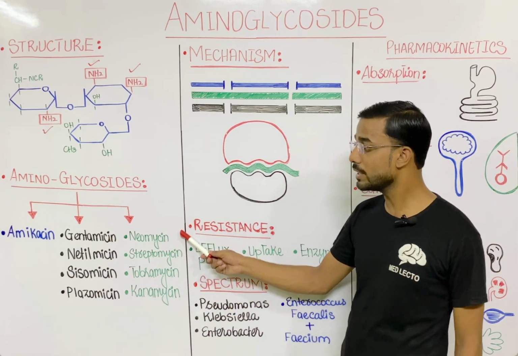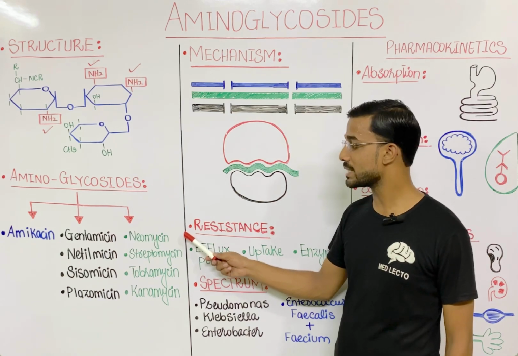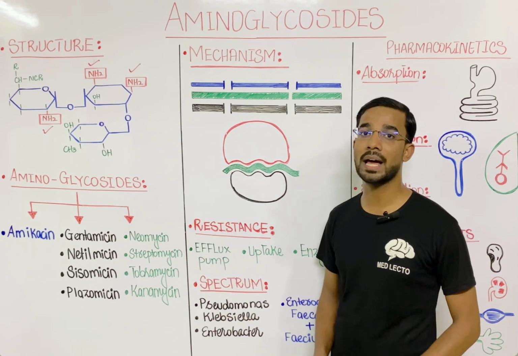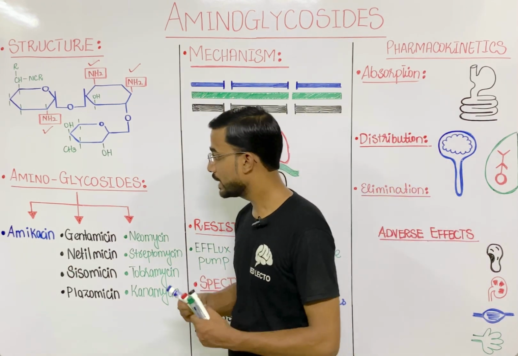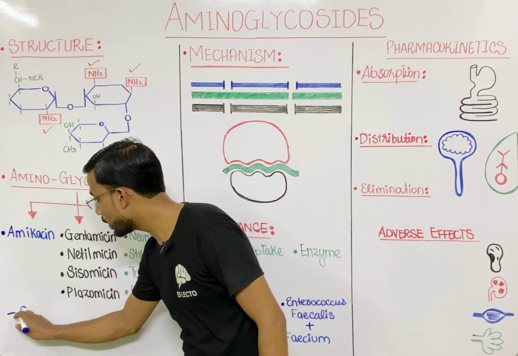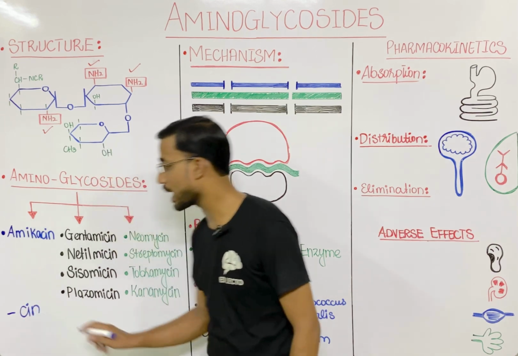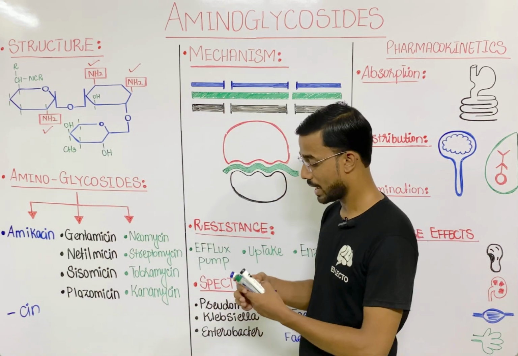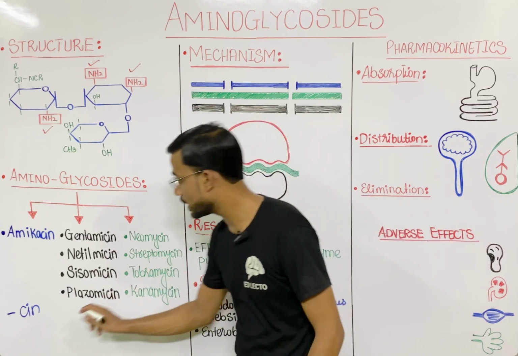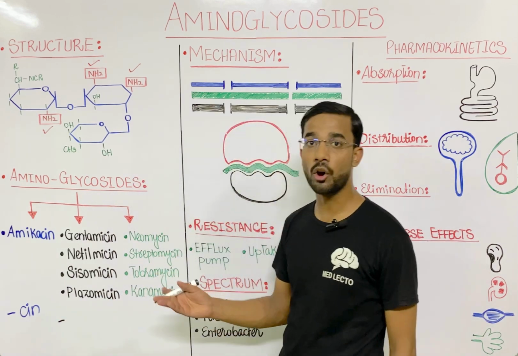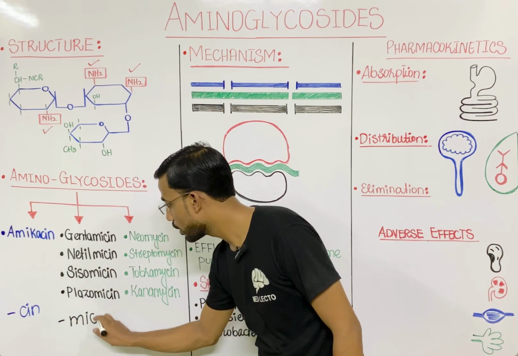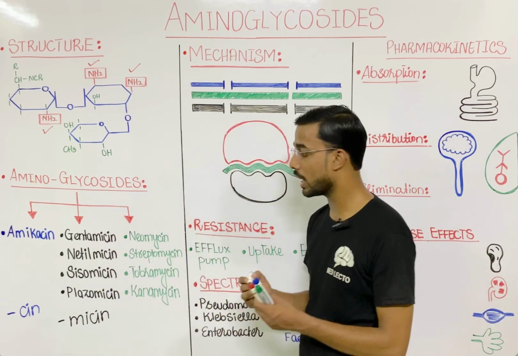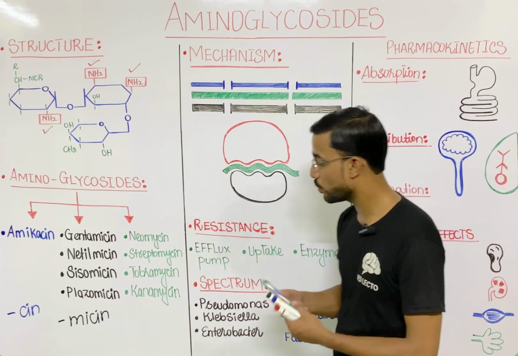And in the third group, you will see neomycin, streptomycin, tobramycin, and kanamycin. In the first group, the ending, C-I-N, is "cin". In the second group, the suffix is "micin".